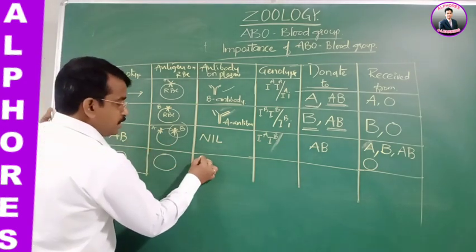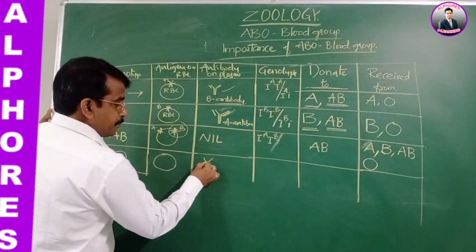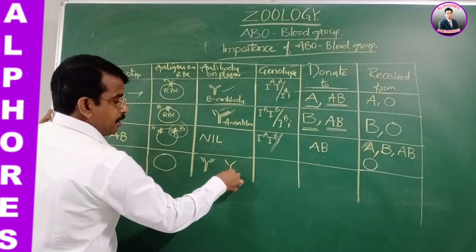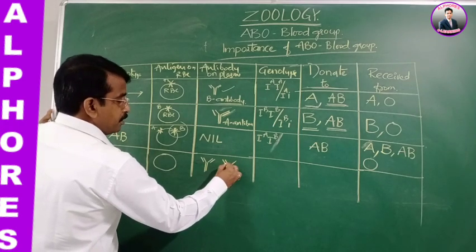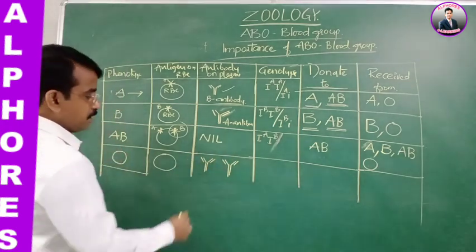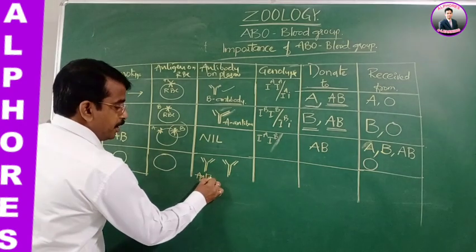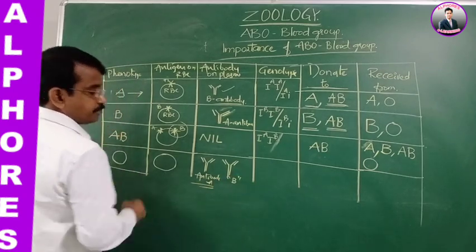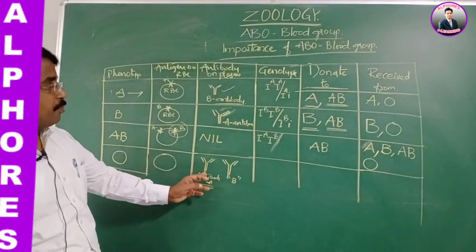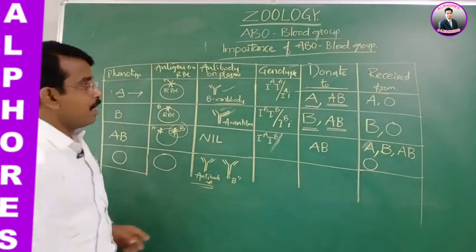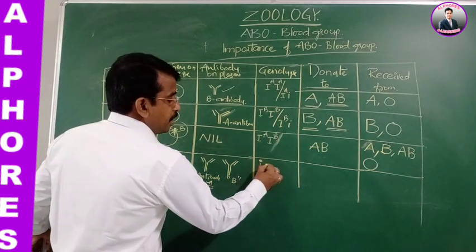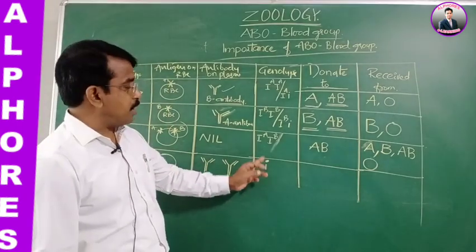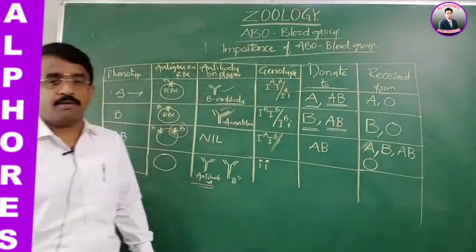And it is with antibody A and antibody B. Look here, it is with both antibody A and antibody B. And its genotype is IO. This is how we came across the total number of genotypes: 1, 2, 3, 4, 5 and 6.